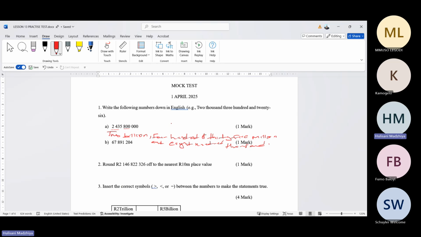Whereas the second one is going to be in thousand format and then million format. So this is in tens of millions format.